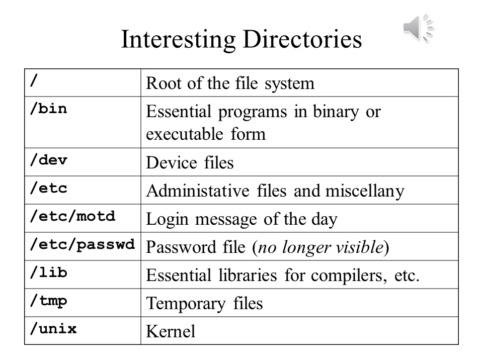MOTD stands for message of the day, as we've seen before. Slash lib is where essential libraries are stored, largely for compilers and other programs like that. Slash tmp for temporary files. And the kernel, or the main portion of the operating system, is stored in the slash Unix directory.